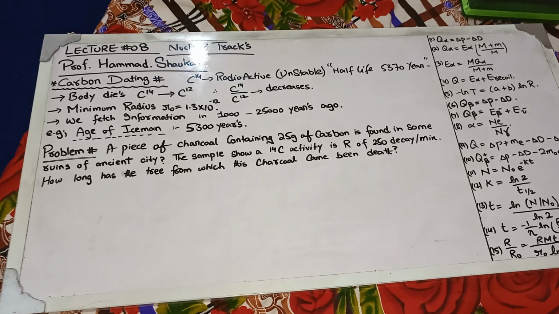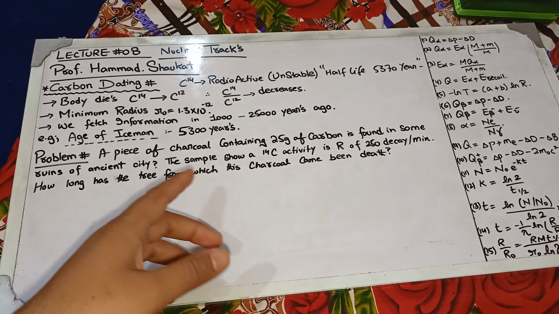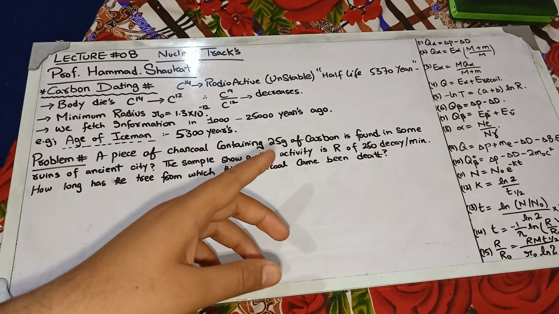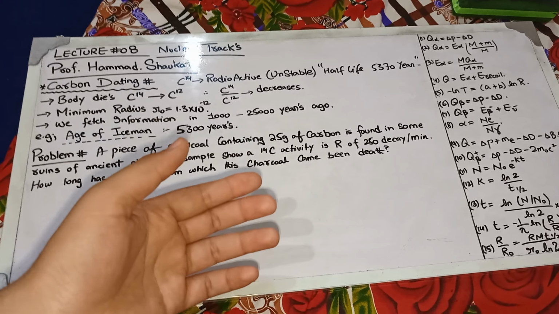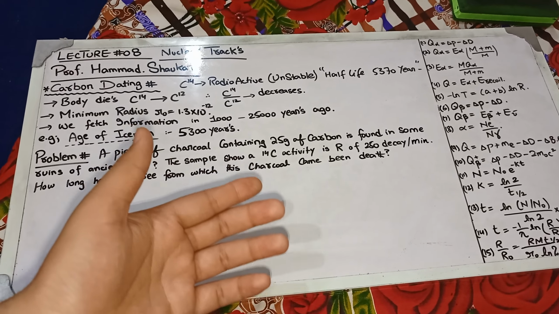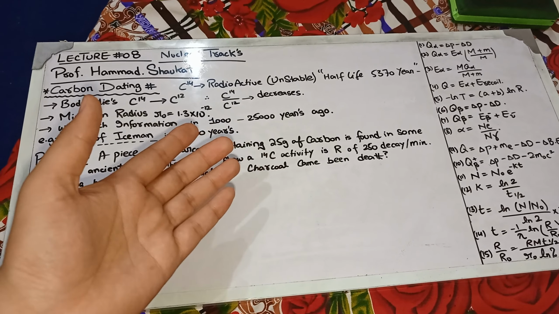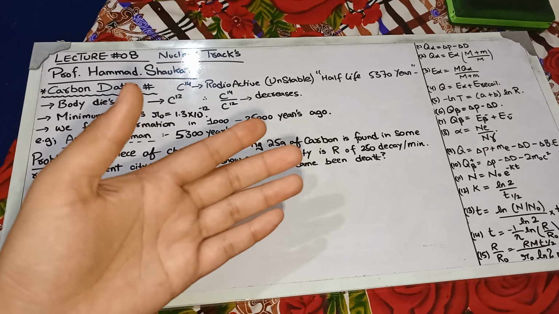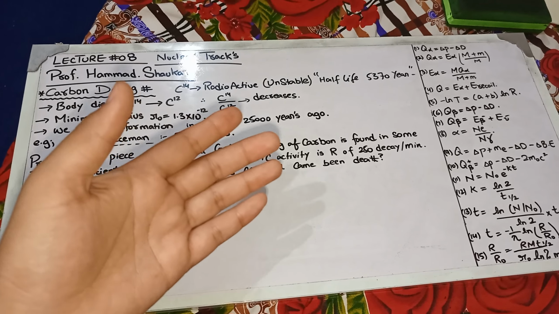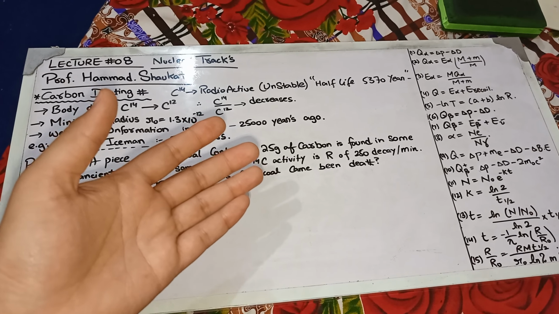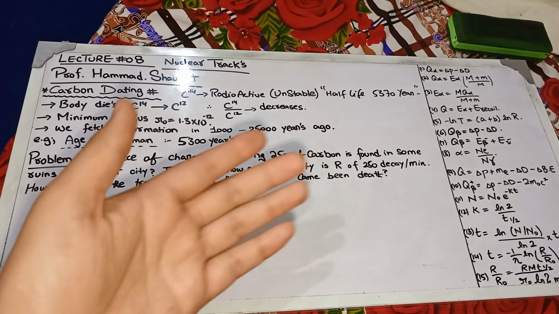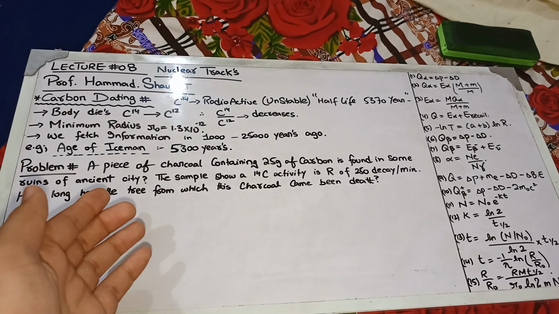Okay, so we have a problem here for the case of carbon dating. The problem is: a piece of charcoal contains 25 grams of carbon. You know what charcoal is, basically wood burnt, and it contains 25 grams of carbon, meaning the mass of carbon is given as 25 grams. It is found in some ruins of an ancient city.